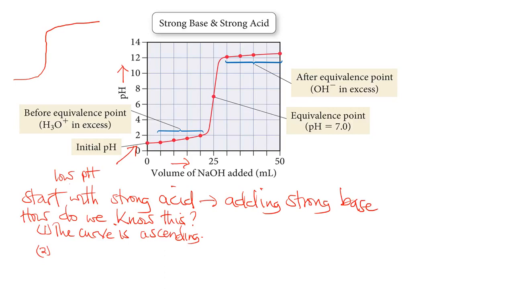The second reason that we know that it's a strong acid and a strong base is that the pH at the equivalence point is equal to 7. At the equivalence point, that's when the neutralization has happened.